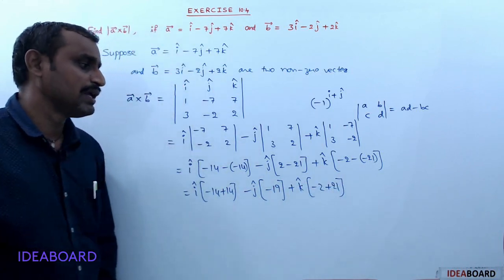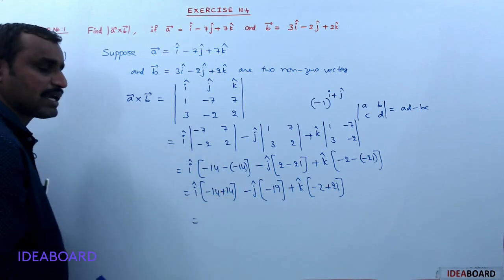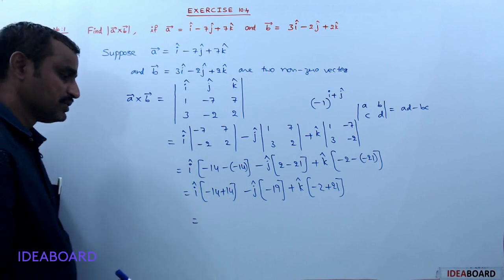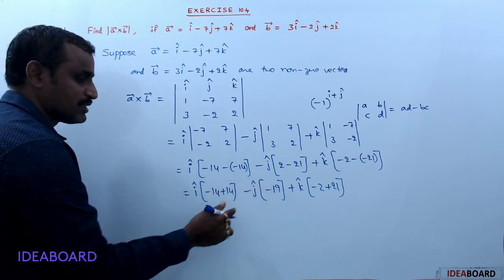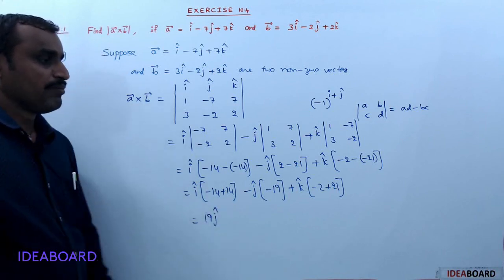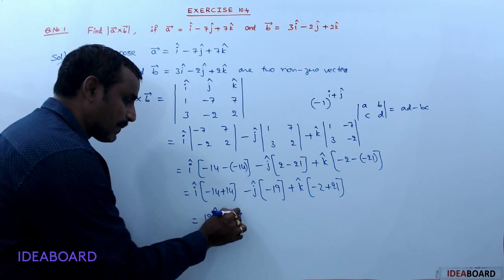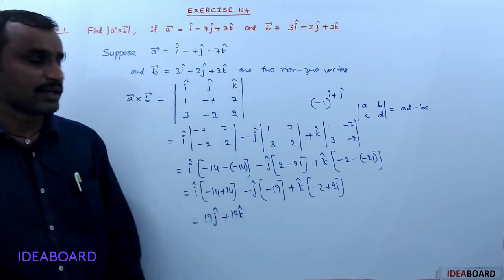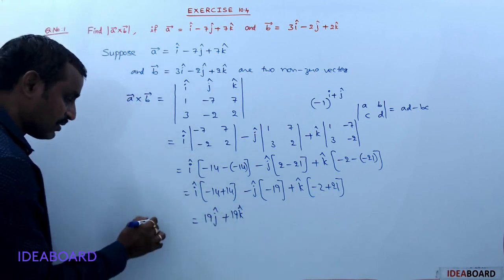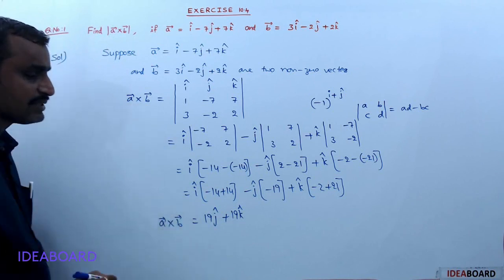It will give 0, both get cancelled, so the i cap is 0 only. So now minus of minus is plus 19 j cap plus 19 k cap. This is the A bar cross B bar vector, the result value is a vector.